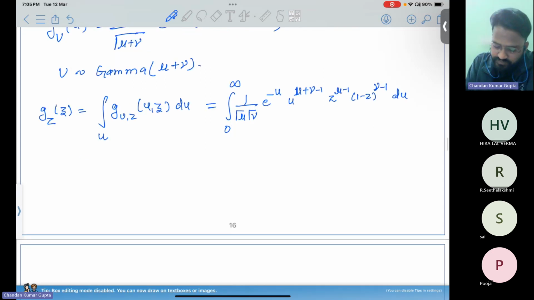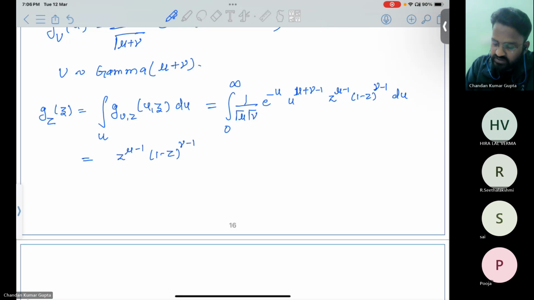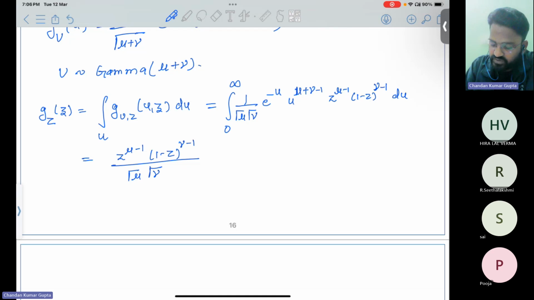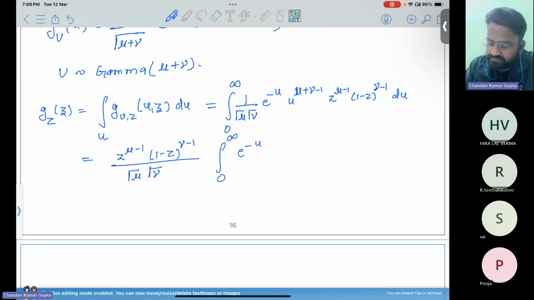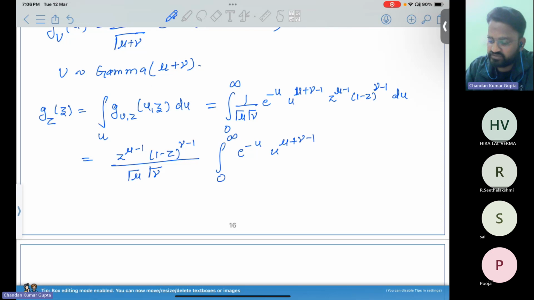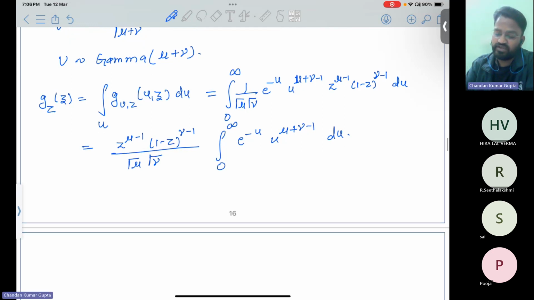Now the integration is over du. That means z to the power mu minus 1, 1 minus z to the power nu minus 1 and gamma mu gamma nu will be taken outside, and it comes out to be the integral of e to the power minus u, u to the power mu plus nu minus 1 du. Up to this point it is okay.